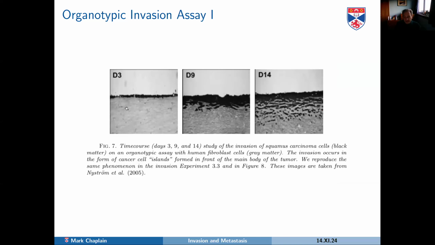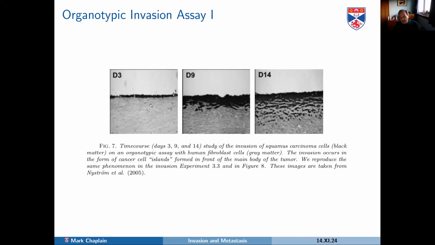So this is the experimental setup. You have a collagen gel. This is like a Petri dish, this is a cross-section of a collagen gel. And on the top of the collagen gel, you have some cancer cells. And you then expect the cancer cells to interact with the collagen and essentially invade into the collagen gel.